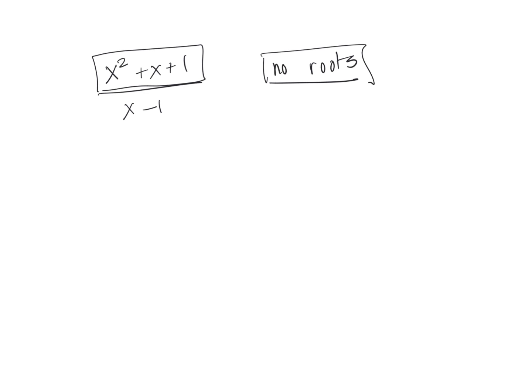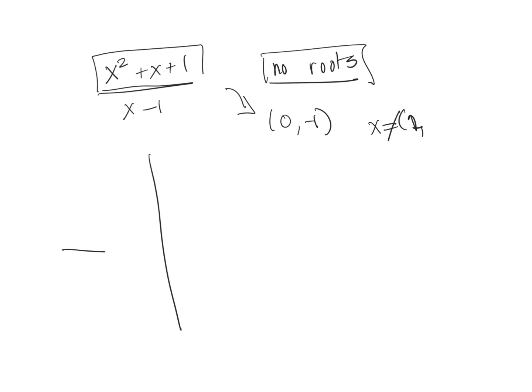When I plug 0 in, I get -1. So I'm going to have an intercept at -1. And when x is 1, I'm undefined. X cannot equal 1 because the denominator cannot be 0.